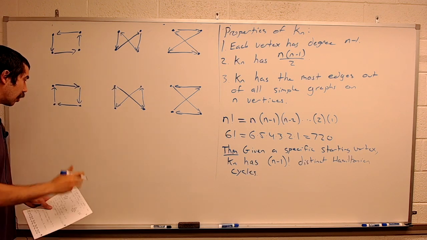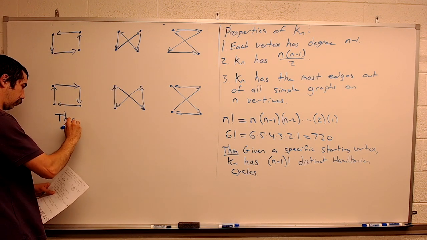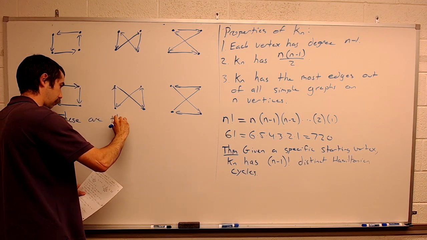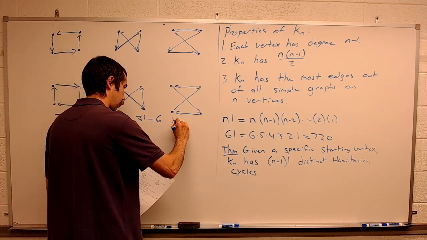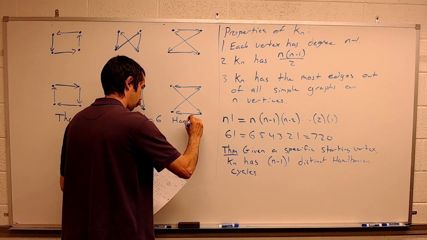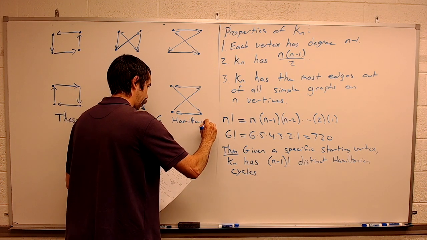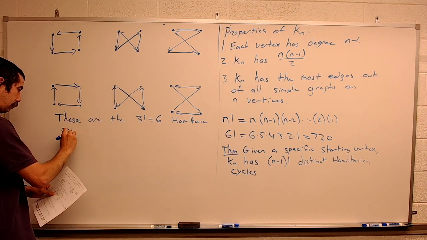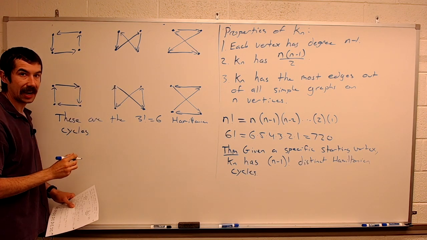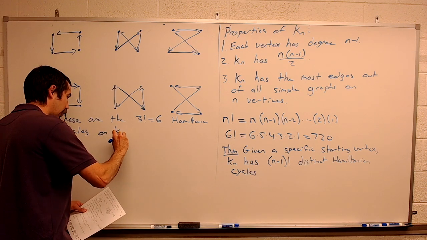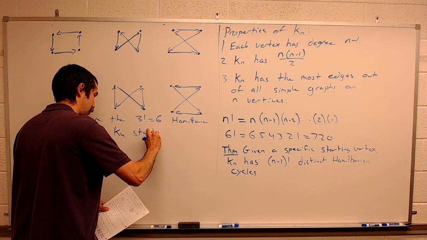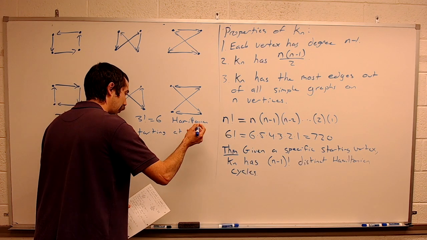All right, so these are the 6 Hamiltonian cycles on K4 starting at the top left vertex.